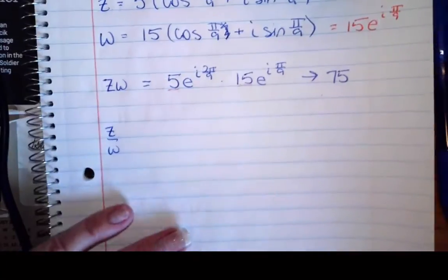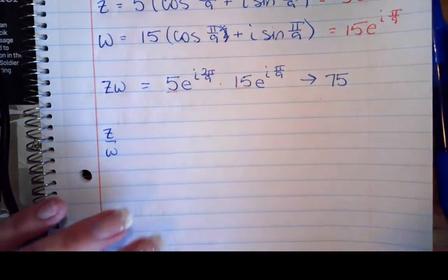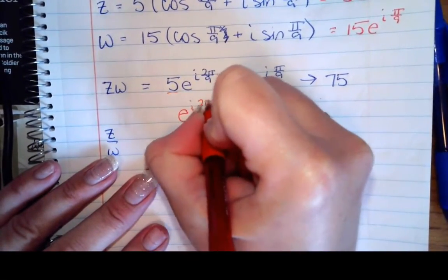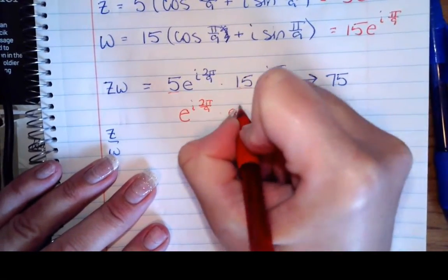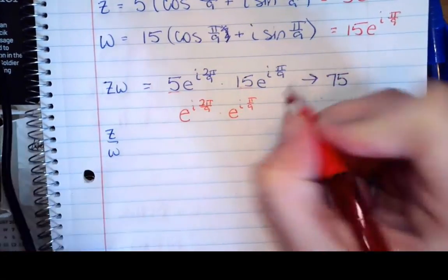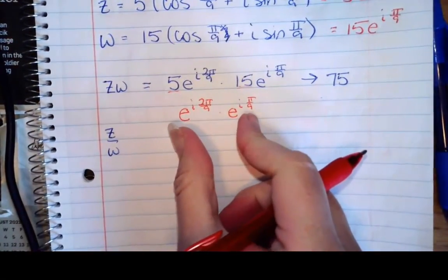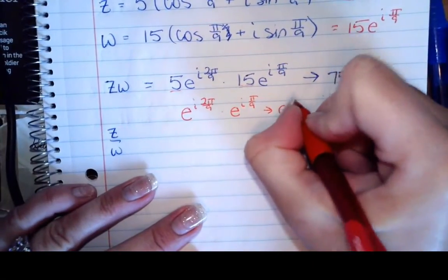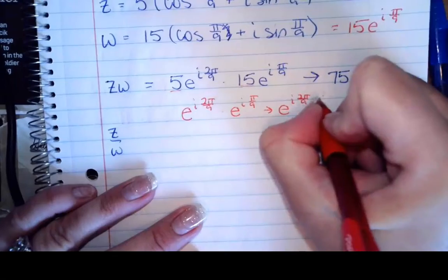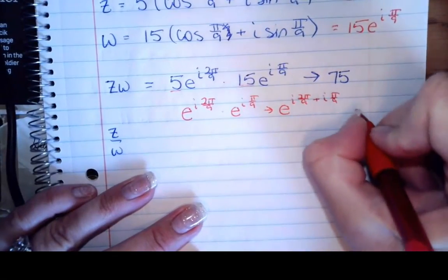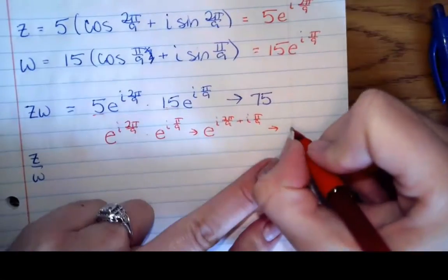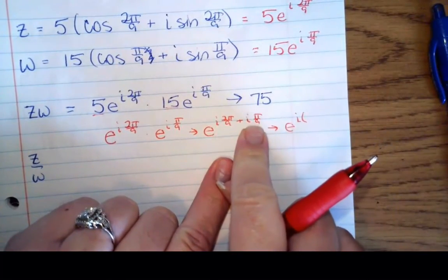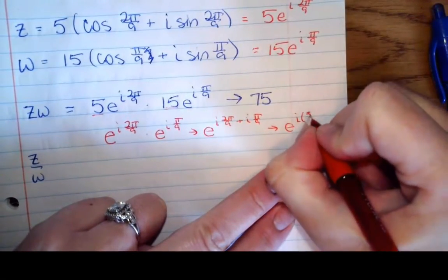Okay, but let's use red. So I have e^(i2π/9) times e^(iπ/9). If I'm multiplying and my bases match, I add my exponents. So I have e to the i2π/9 plus iπ/9, which means I can factor out that i. 2π over 9 plus 1π over 9 is 3π over 9.